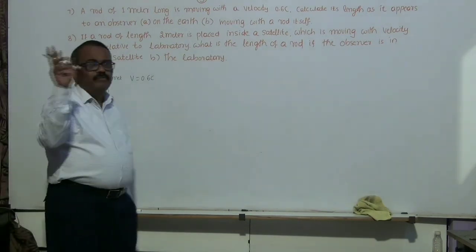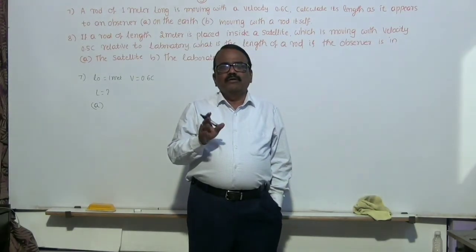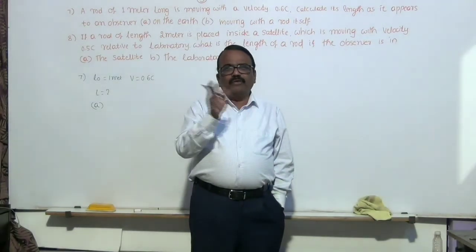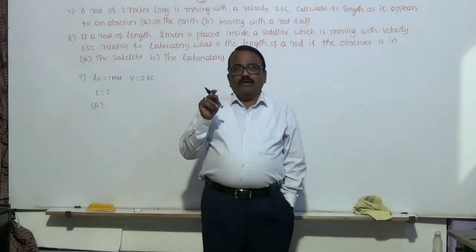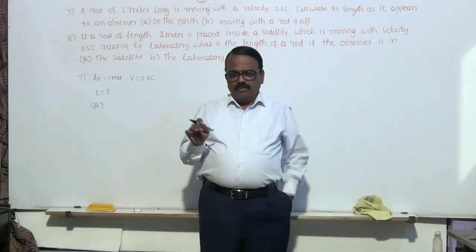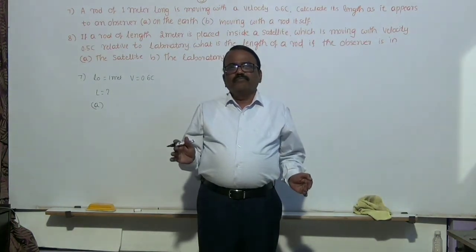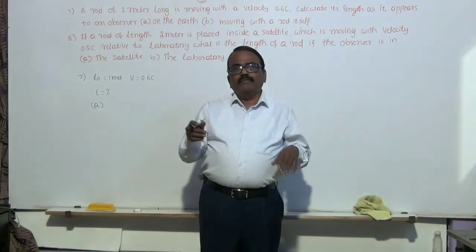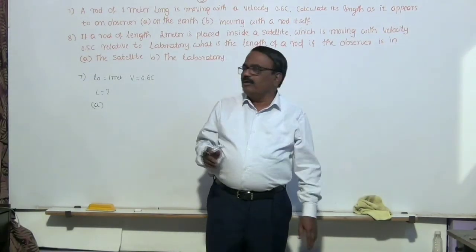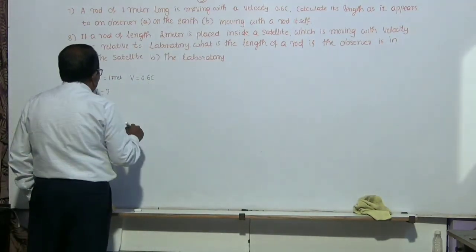Means rod is in motion, an observer is on the earth, two of them are in different frames of reference. So observer is on the earth means he is in the frame of reference which is at rest, and the rod is in motion in another frame of reference. That frame of reference is moving with velocity of 0.6 c.